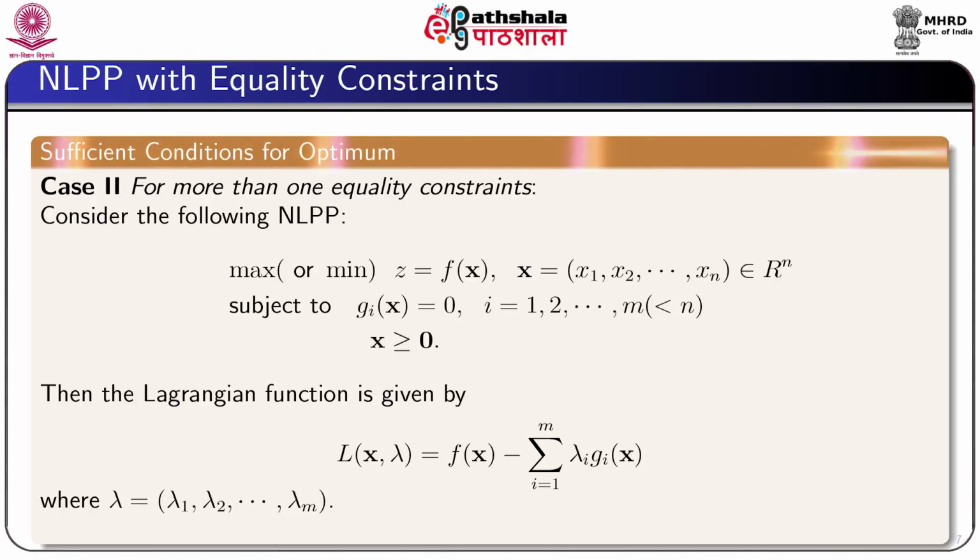Then the Lagrangian function is given by L equal to f(x) minus summation i equal to 1 up to m lambda_i g_i(x), where m is less than n, and lambda 1, lambda 2, ..., lambda m are Lagrangian multipliers.